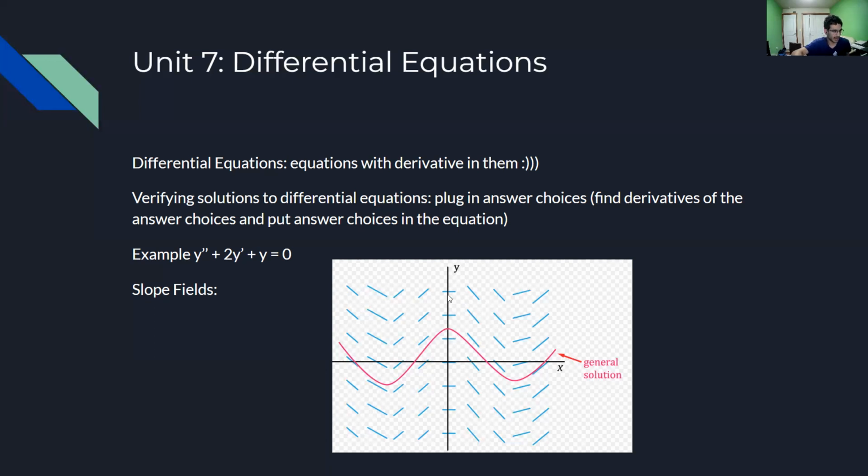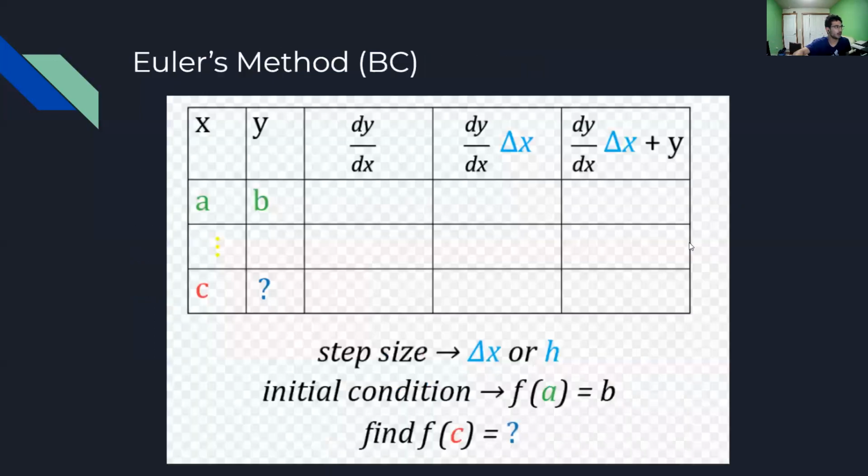Here you can see that at all the same x values, at different y's, it has the same slope. So that means the slope field is dependent on x, not on y. If you saw an entire row having the same slope, then the slope field is entirely dependent on y, not on x. Good to keep in mind there.